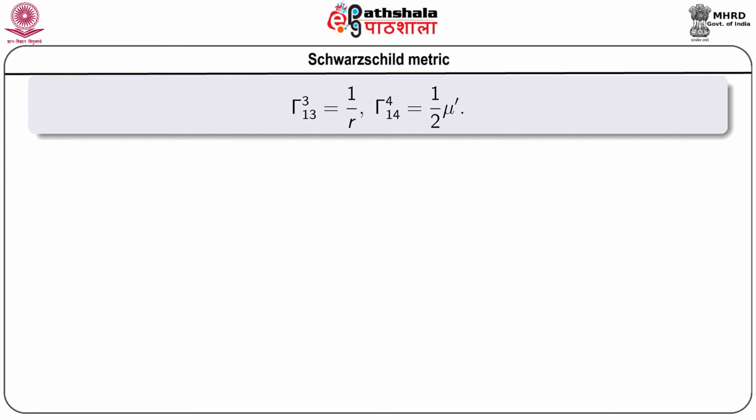Also gamma 3 1 3 equals 1 by r, and gamma 4 1 4 equals 1 by 2 mu dash. So, all the non-zero components of Christoffel symbol of second kind have been calculated, and the values are given here.